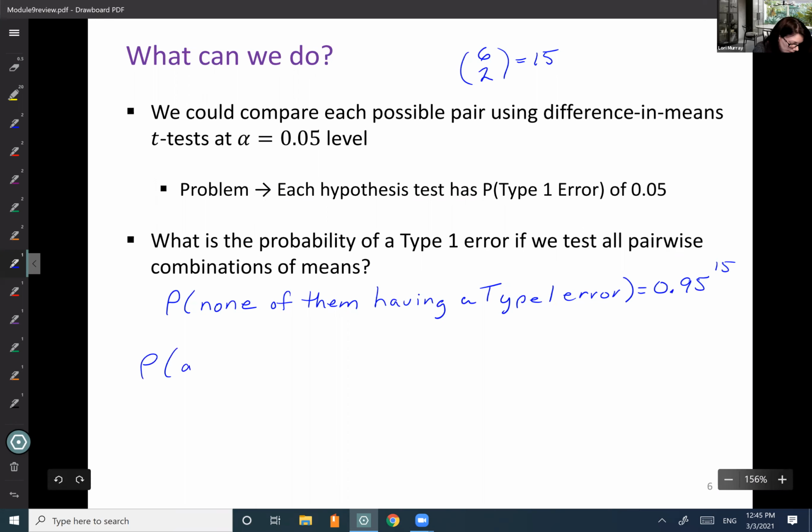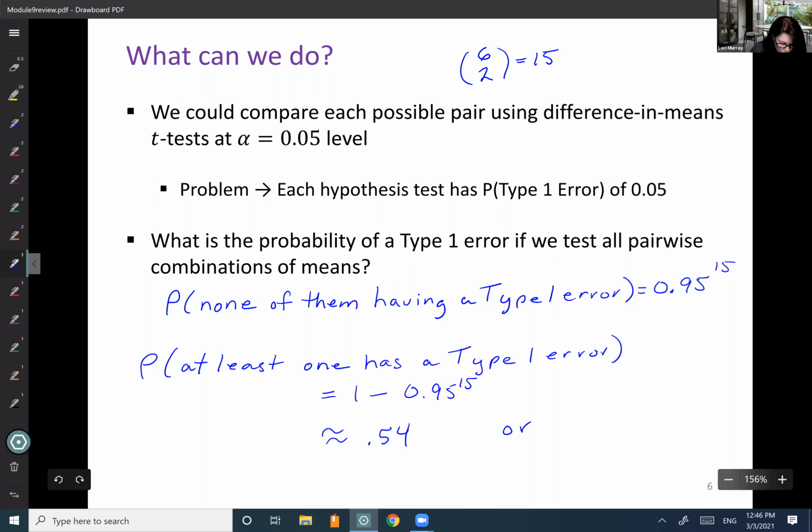And then the probability that at least one of those tests has a type 1 error is equal to 1 minus 0.95 to the exponent 15, which is about 0.54 or 54%, which is quite high.